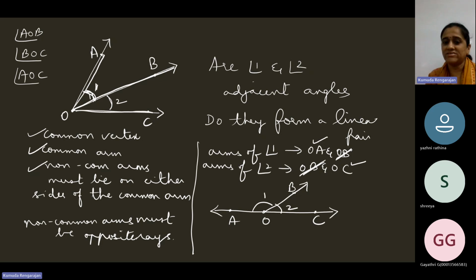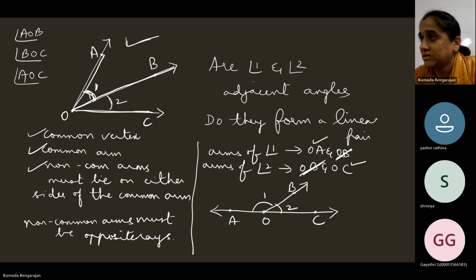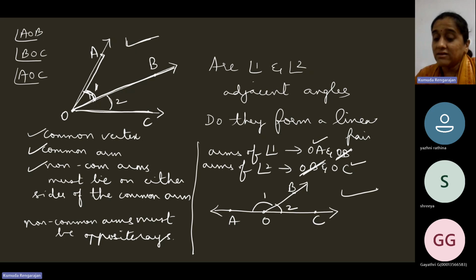Do you understand what opposite rays are from the figure? Here, angle 1 and 2 form a linear pair. That is, angle 1 plus 2 is equal to 180. Here, angle 1 plus 2 is not 180. Here, angle 1 and 2 are adjacent angles, but they don't form a linear pair because their non-common arms are not opposite rays. Here, angle 1 and angle 2 are adjacent angles, and they also form a linear pair because their non-common arms are opposite rays.